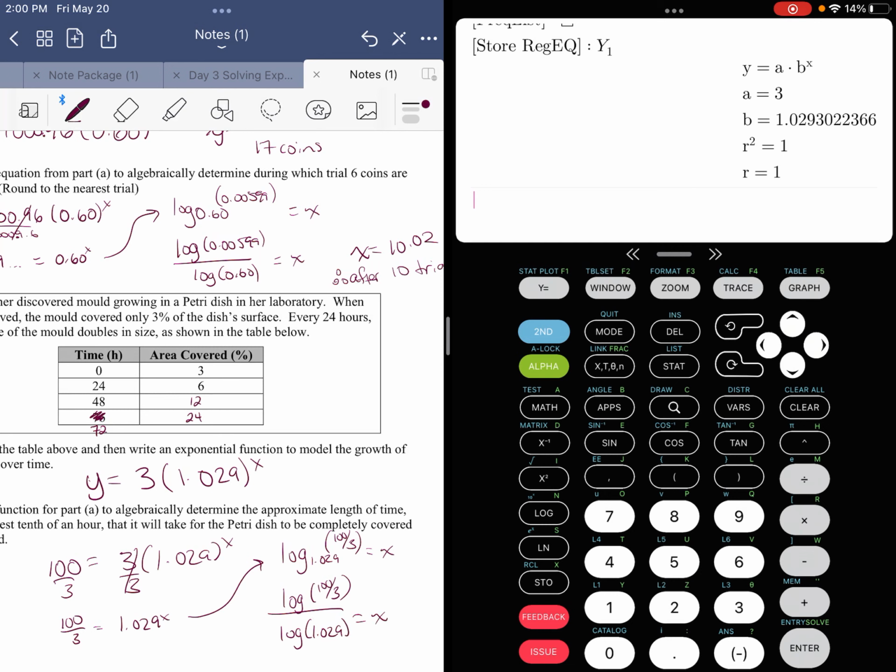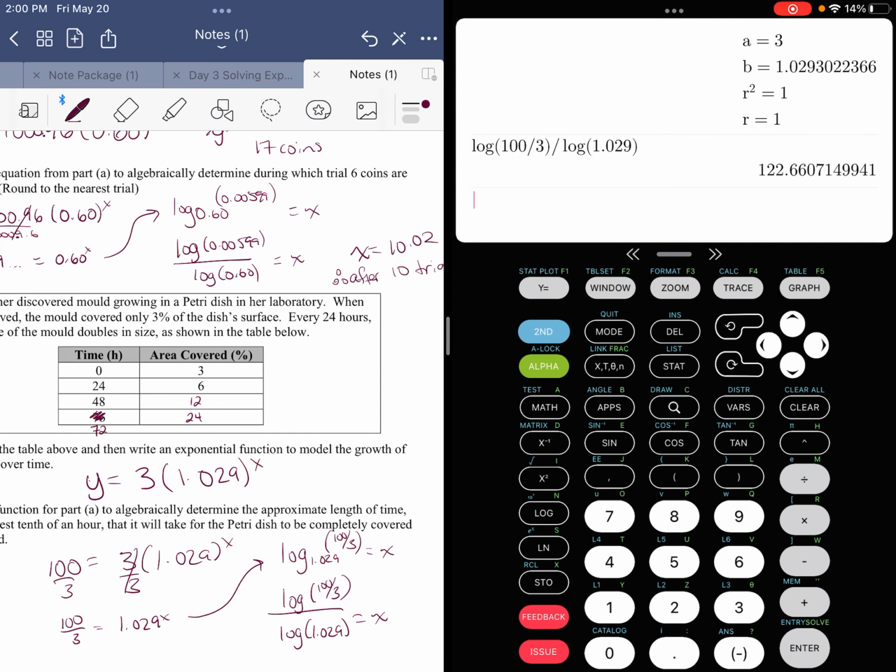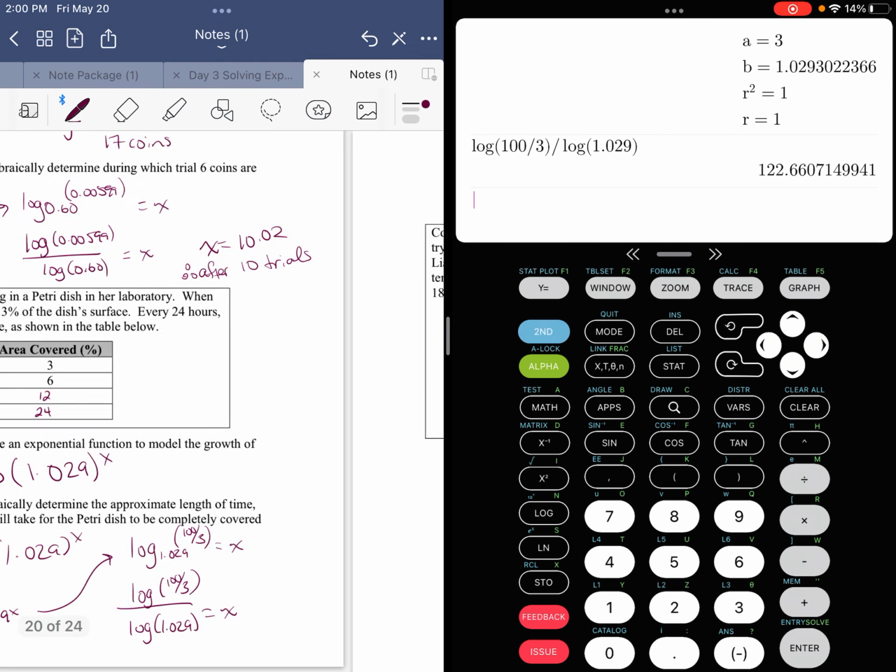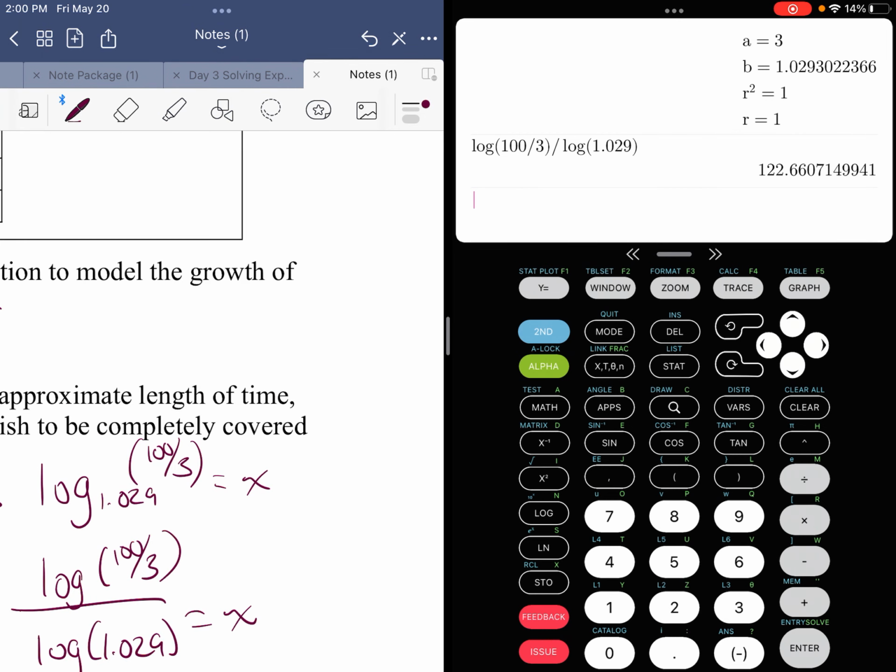So on your calculators, log of 100 divided by 3 divided by log of 1.029, and we hit enter and we get 123 hours. So x is equal to 123 hours.